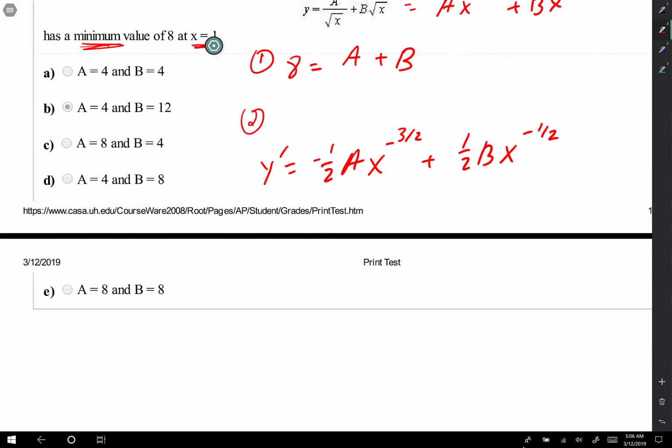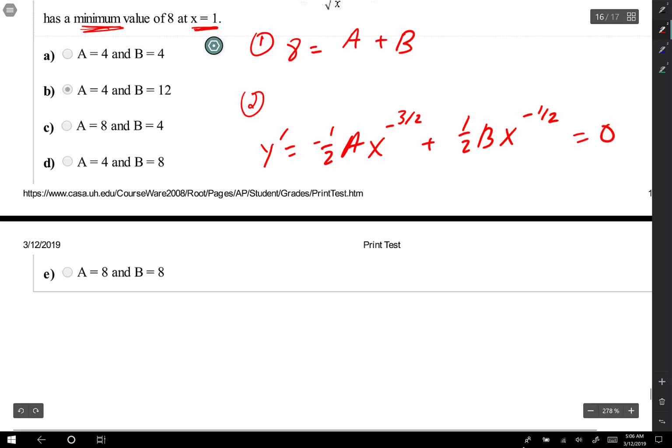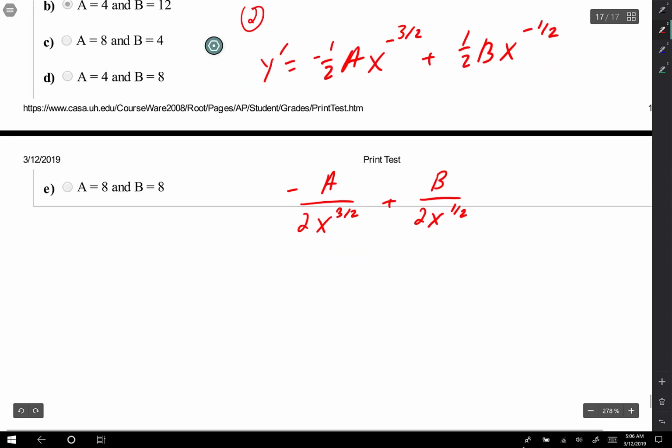Now I know that this equals 0 when x is 1. So I'm going to do that right now. Negative a over 2x to the 3/2 plus b over 2x to the half. I'm just rewriting it, guys.